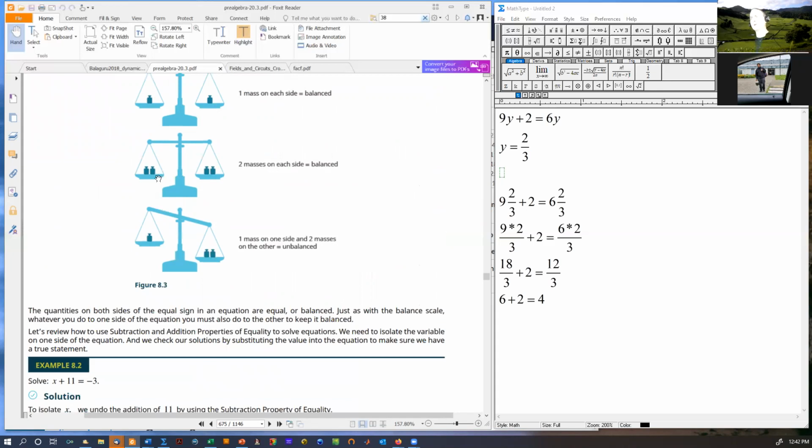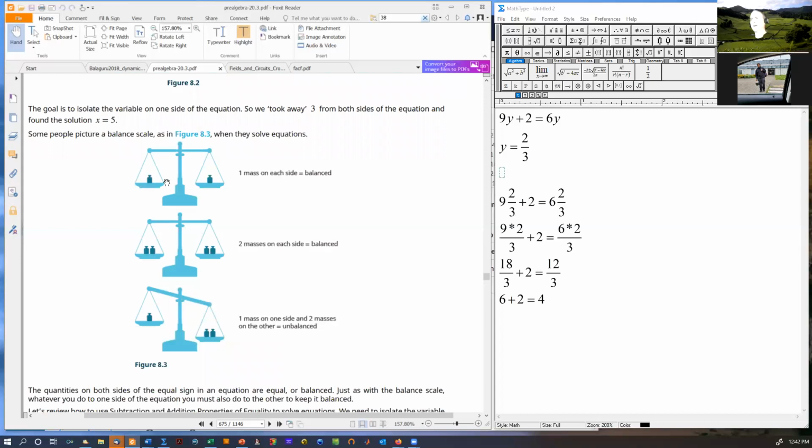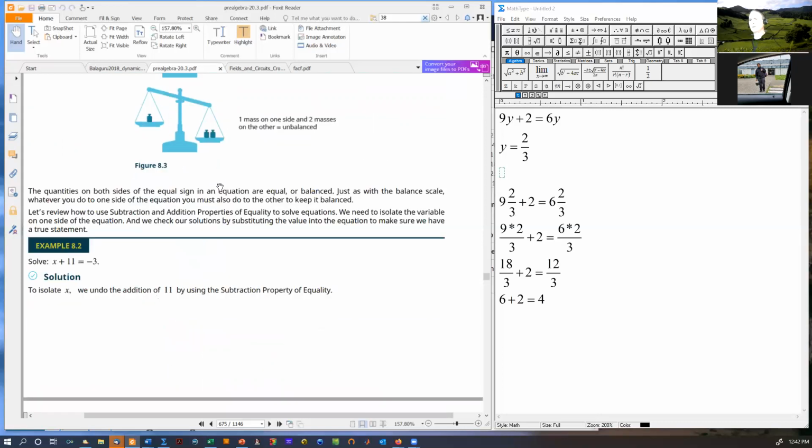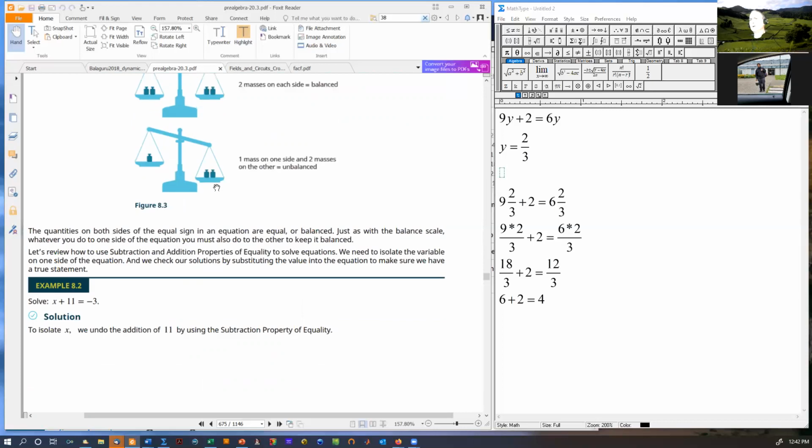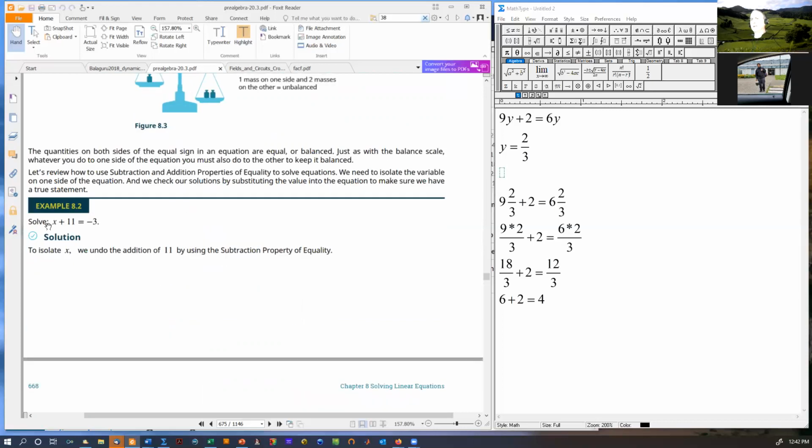And by the same token, if we had the same mass and we cut off half of this mass and half of that mass, subtracted half the mass off both sides, then they would remain the same, right?